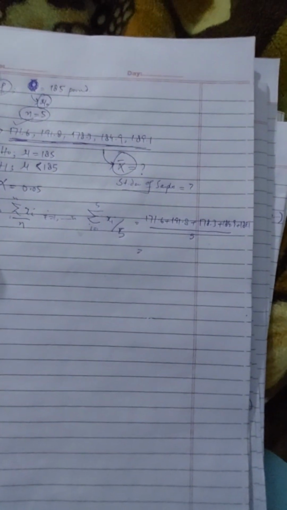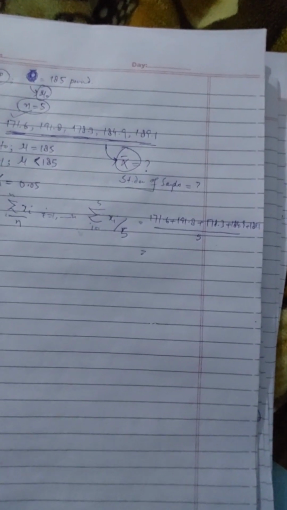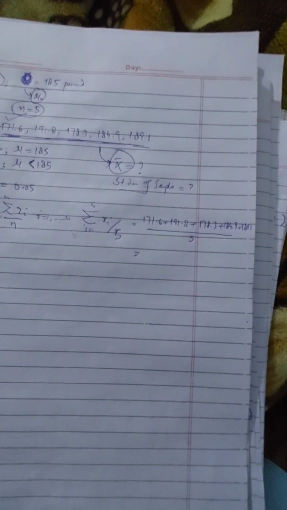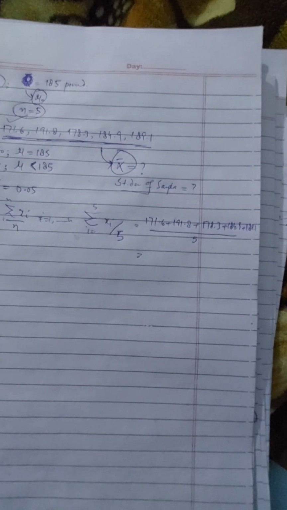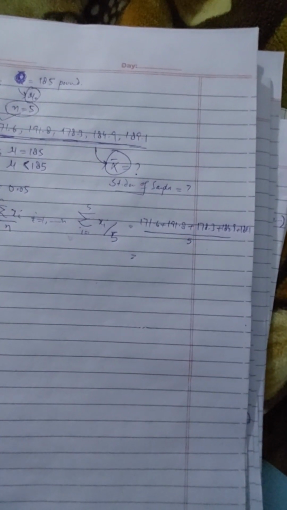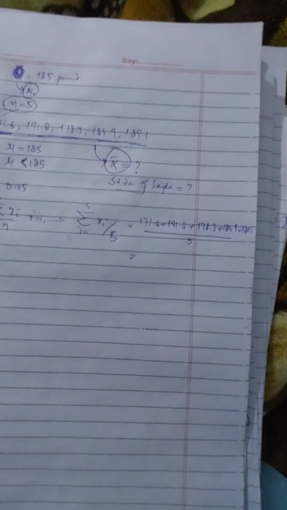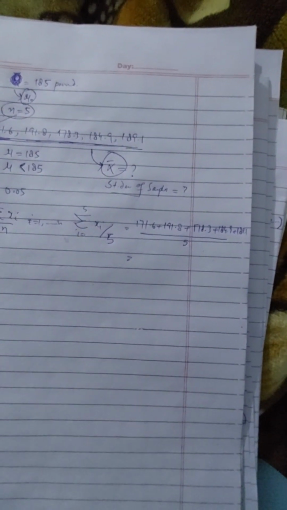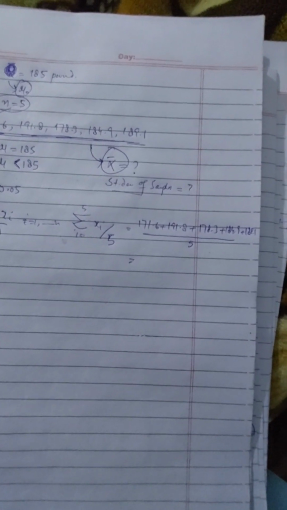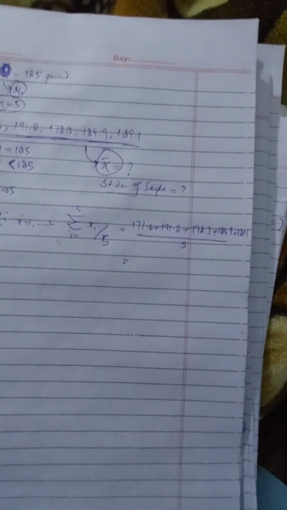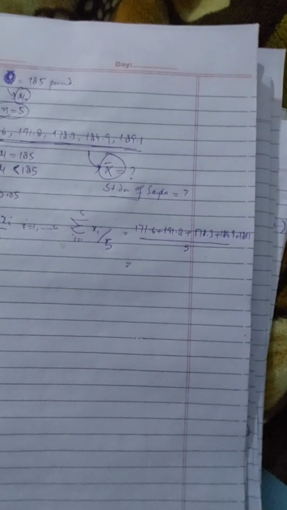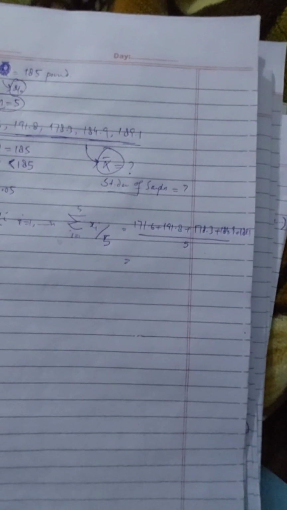So the addition: 171.6 plus 191.8 plus 178.3 plus 184.9 plus 189.1.